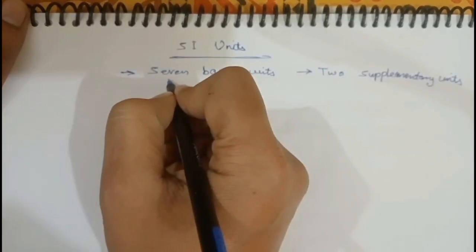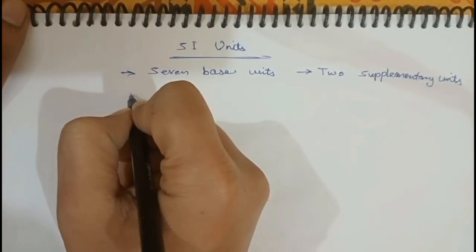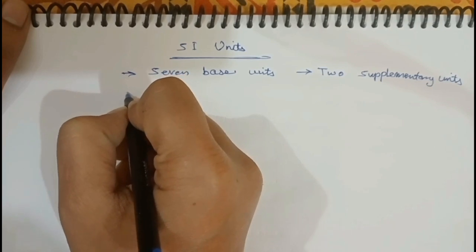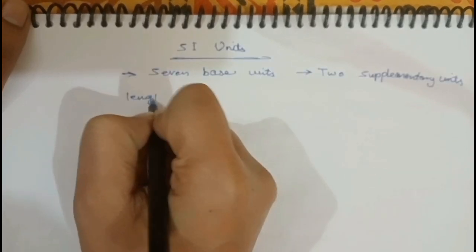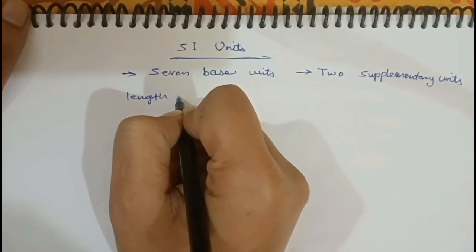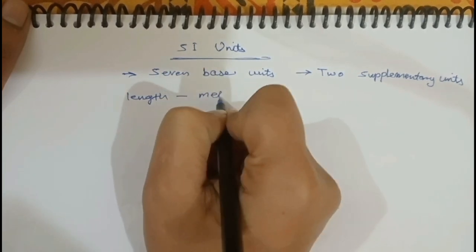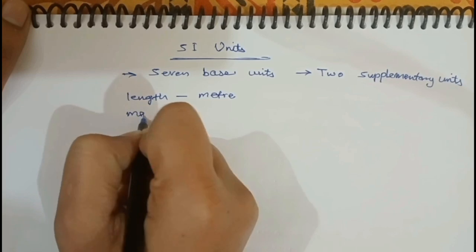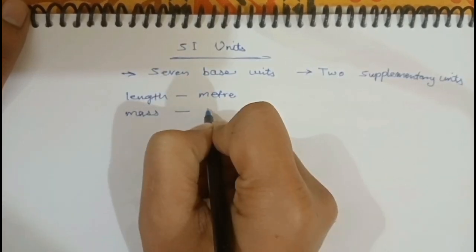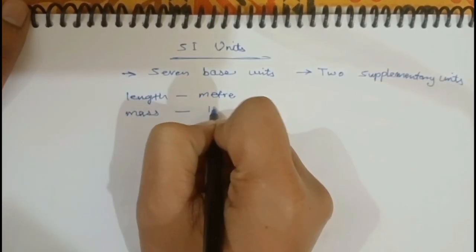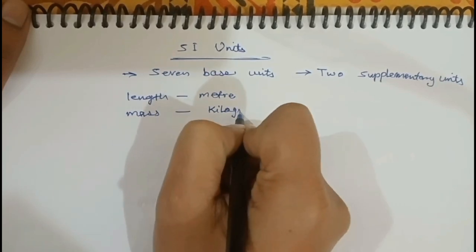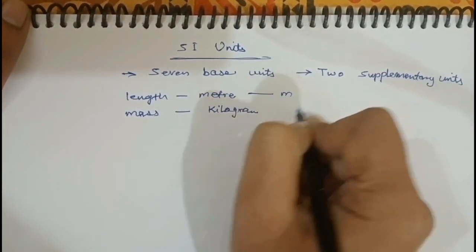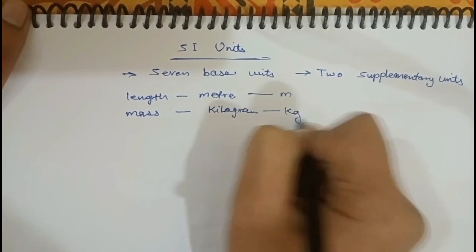The seven base units are, here we write length. To measure length, it is meter. To measure mass, it is kilogram. We can write symbols also. Symbol is m, and kg.